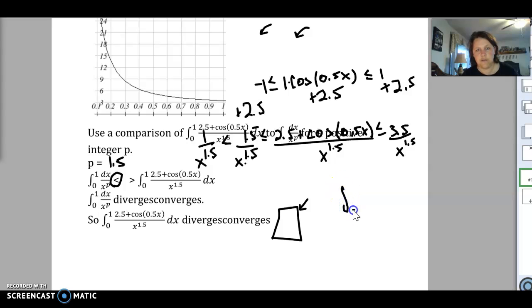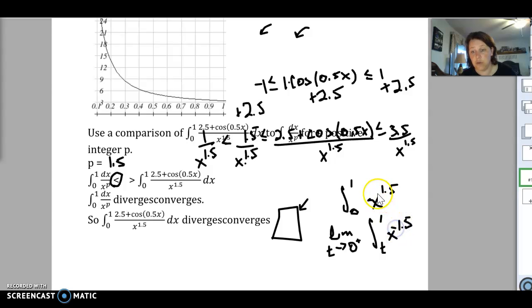Our integral from 0 to 1 of 1 over x to the 1.5, I can't plug in that 0, so I'm going to have to do a limit. I'm going to do the limit as t approaches 0 from the right hand side, and the integral from t to 1 of x to the negative 1.5, that's very important, dx.